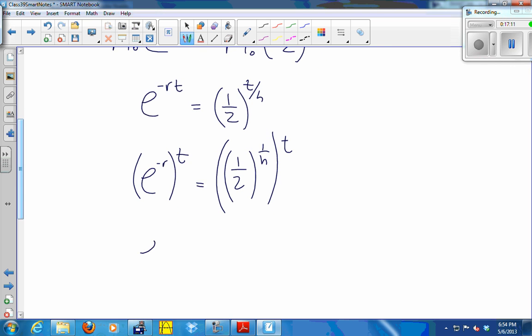So it's got to be that e to the negative R equals 1/2 to the 1 over H.